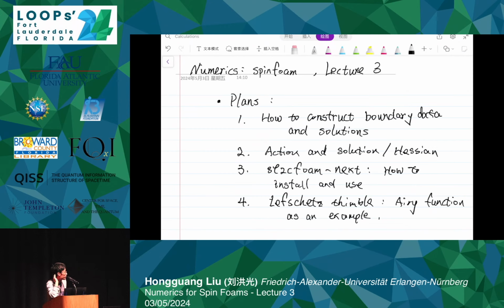We use the vertex amplitude function as an example, and we show how to use the Monte Carlo method to sample the 6j symbol of the vertex function to get the observable expectation values. So I hope I have time to do all the things. Maybe some parts will be fast, but all the code will be available later on the school's resources webpage, so you can find them and try yourself.